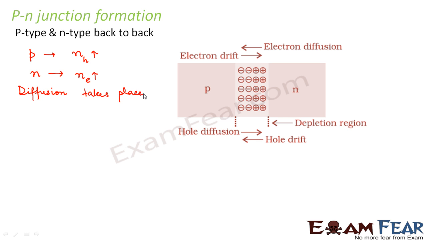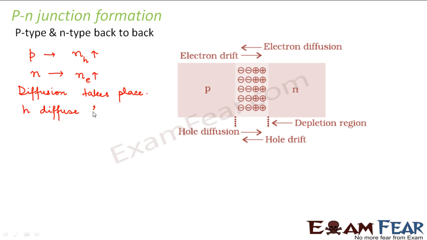Diffusion means movement of particles from a region of higher concentration towards a region of lower concentration. So here diffusion takes place because the P region has a high concentration of holes and the N region has a low concentration of holes.